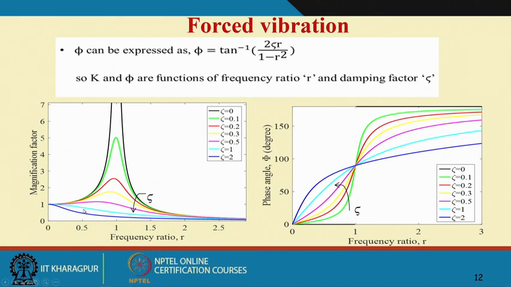When we have frequency ratio r as 1, that is omega by omega n, for the case of very little damping or no damping, this almost peaks to infinity, but with damping the peaks reduce. So, we will see that the vibration response at resonance can be controlled by increasing damping.